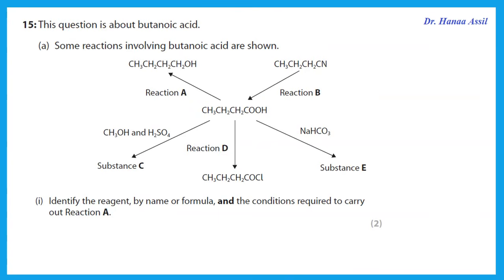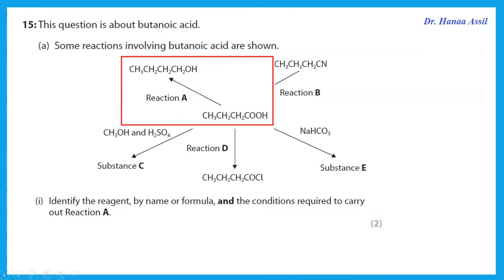This question is about butanoic acid. Some reactions involving butanoic acid are shown. Identify the reagent by name or formula and the conditions required to carry out reaction A. So where is reaction A? This is reaction A, in which we're changing what?